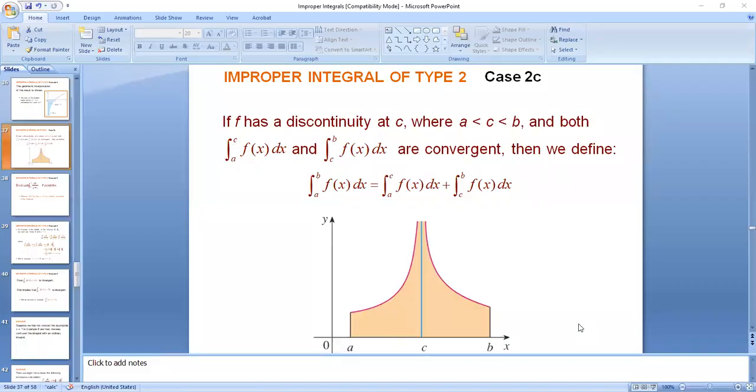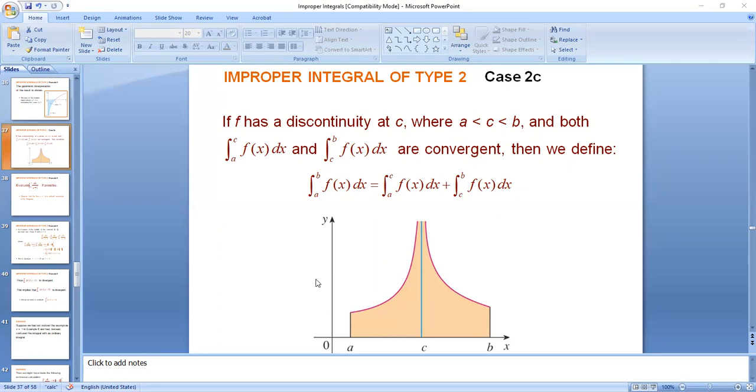Okay, so we have type 2, case 1. Case 1 is when the upper limit is changed into a variable and it's being approached from the left. Case 2 is for the lower limit being changed and its value is being approached from the right side of the integral.